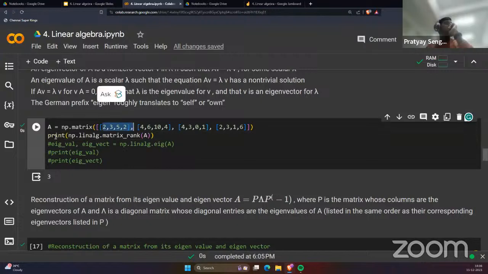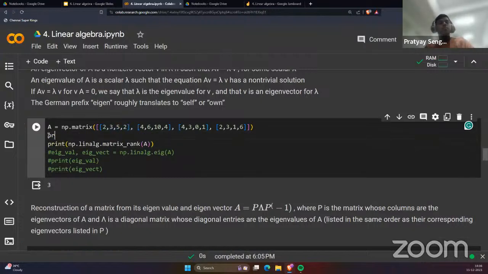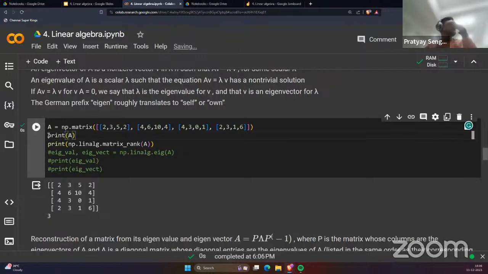I will just print A also. You can see the shape is 4 by 4, but the rank is 3. So these two columns are associated, right? I have to see which two are connected here. Okay, these two: 2 4, 3 6, 5 10, 2 4, right? So that's why the rank is 3.